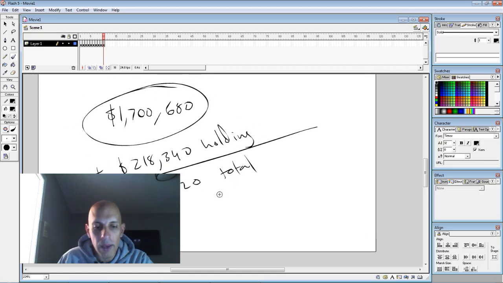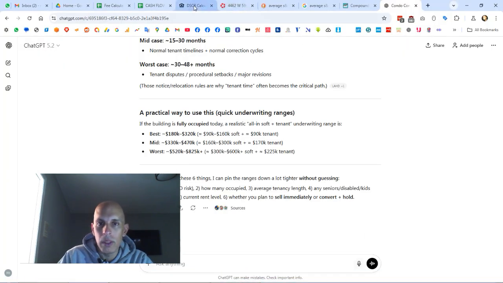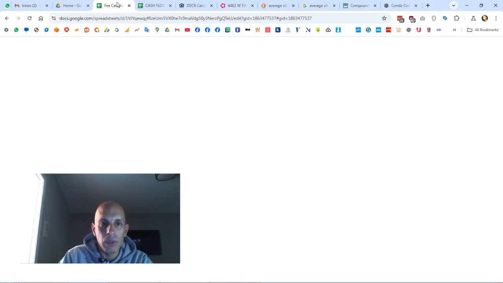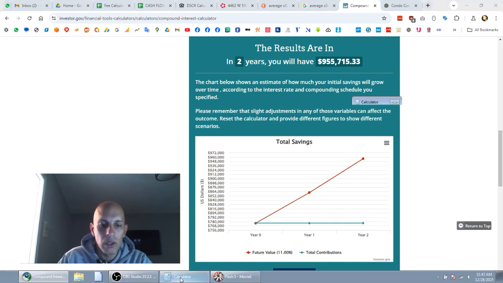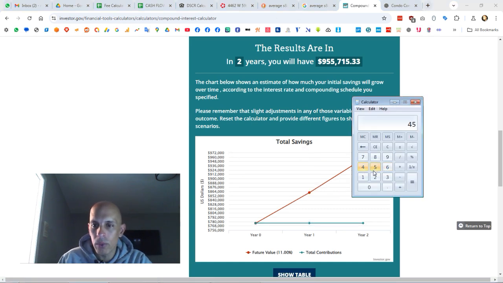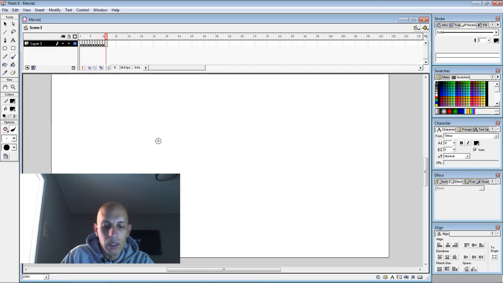And so now we have to figure out the sales price, right? We said for the sales price, we were looking at $450K per unit. So 450,000 times 8 is equal to 3.6 million.